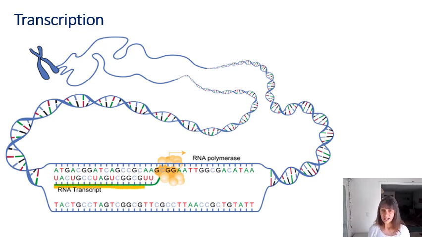Remember, RNA does not contain thymine. So if we look at the base pairs that are being joined to the exposed DNA template, with the help of the enzyme RNA polymerase, the appropriate complementary nitrogenous base pair is going to be written in sequence in accordance with what is on the DNA template strand.